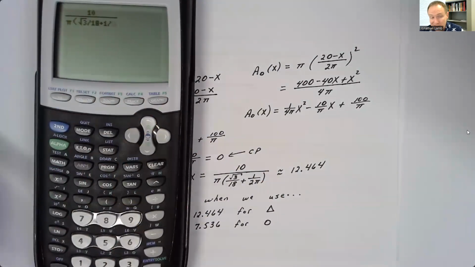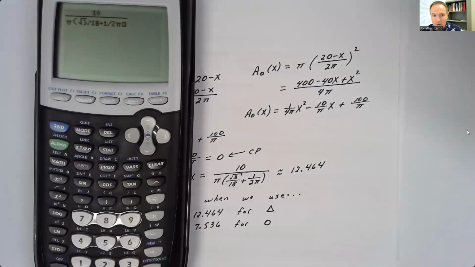I could have went ahead and did another fraction in the denominator. I could have used alpha y equals and put another fraction here. I chose not to, but it would be wrong if I did this, and I need you to understand why. That is not 1 divided by 2 pi. This is 1 divided by 2, and then multiply that answer by pi.